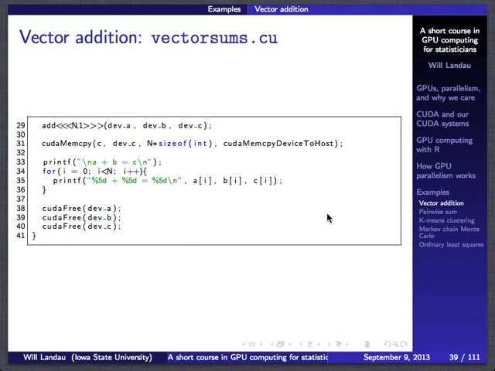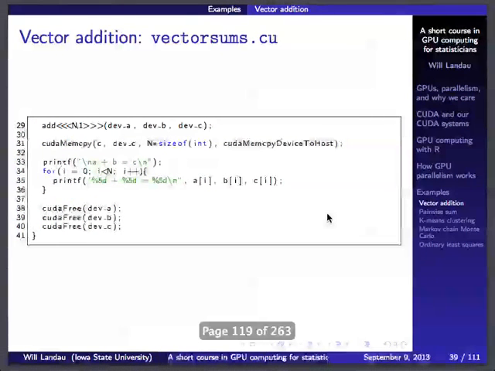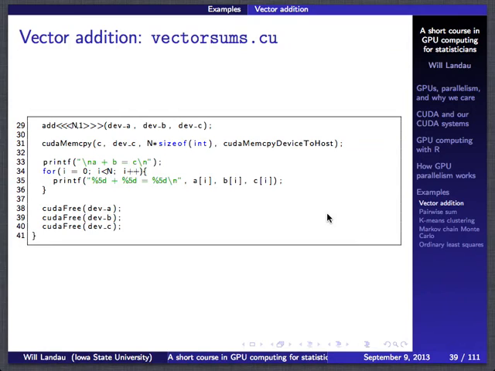Now, I did a lot of work beforehand. This is when I execute my actual kernel. Remember? Add was up here. It took 3 arguments, A, B, and C. Here, I'm calling add, but since this is a kernel, I have this thing between the function name and the parameters.